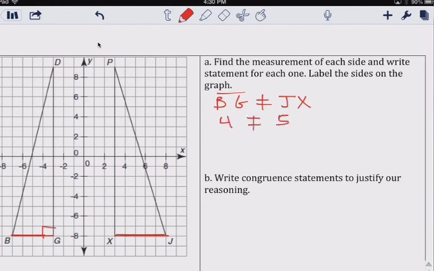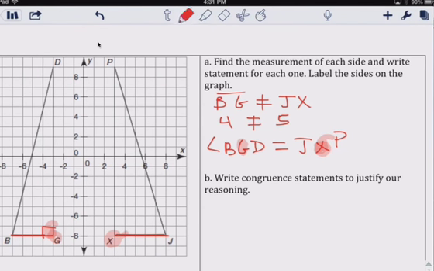Okay, and then angle BGD is equal to angle JXP. Remember that the angle it's in goes in the middle. This angle, G is here, X is here, it's in the middle.